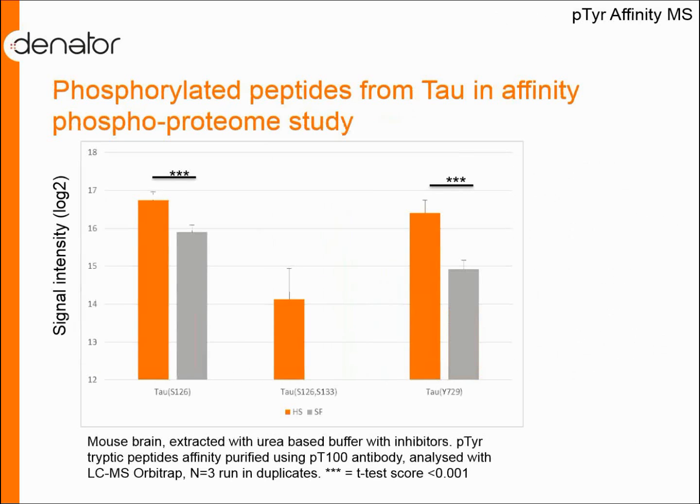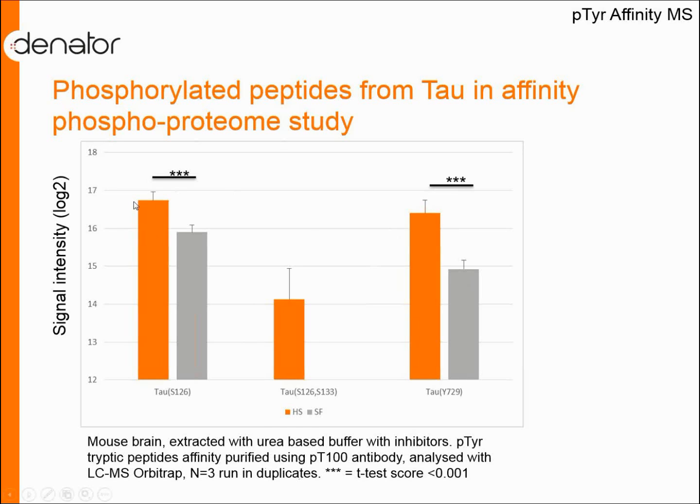This is a narrowing down on the tau protein. By chance, there were 3 peptides from the tau protein, and what we see here is that one form, the middle one, was only detected in the stabilized samples.